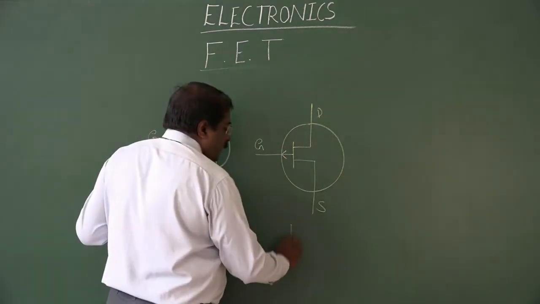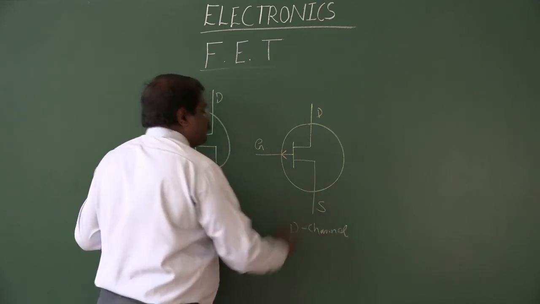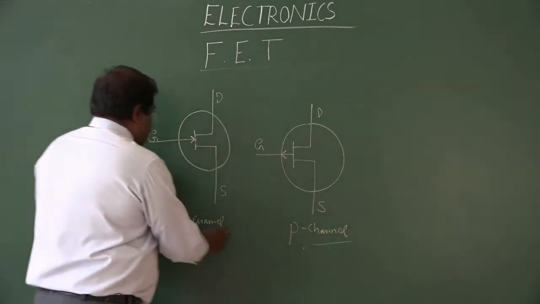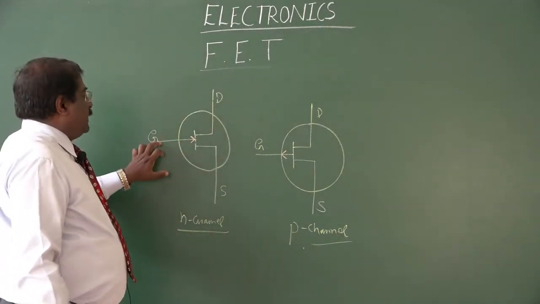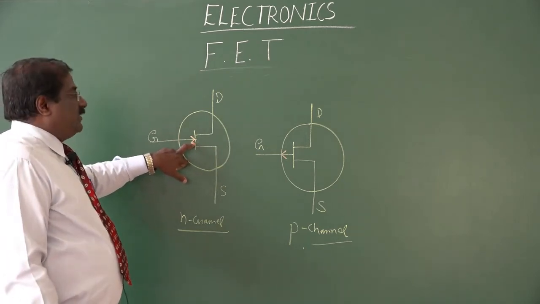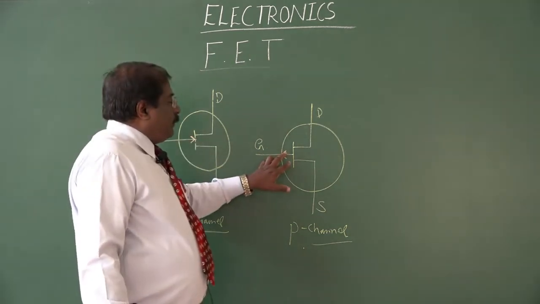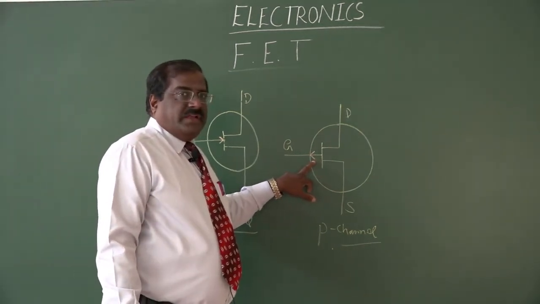Automatically this becomes a P channel FET. Once more I will tell you, source, drain, gate. If the arrow mark is pointing inwards, it is N channel. If it is pointing outward, we call it a P channel FET.